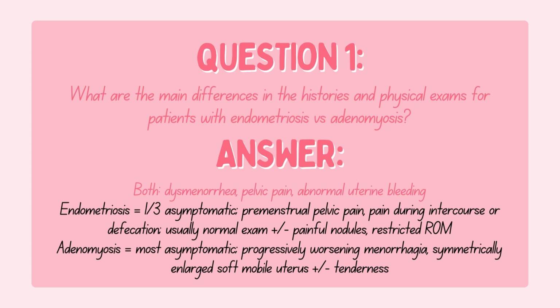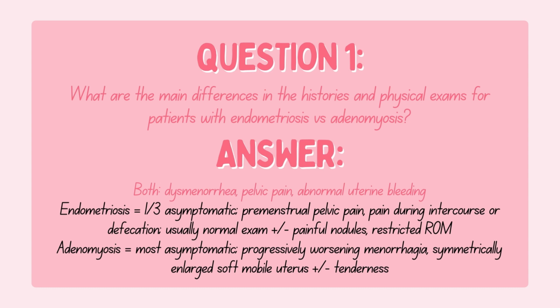So, both of them will present with dysmenorrhea, pelvic pain, and abnormal uterine bleeding. But in endometriosis, 1/3 of patients are asymptomatic. They might present with specifically premenstrual pelvic pain, pain during intercourse, or with defecation.